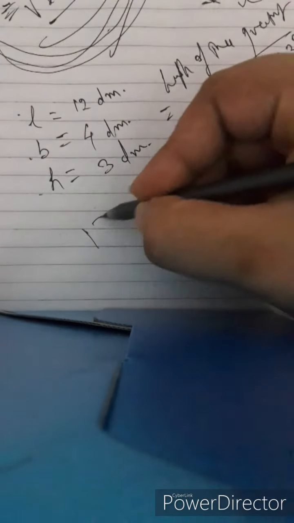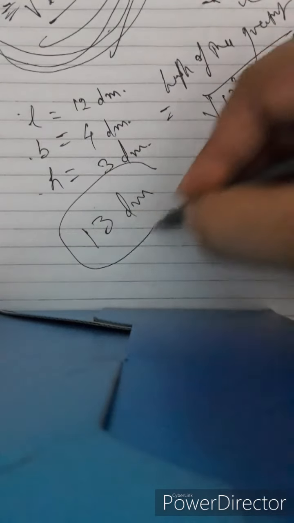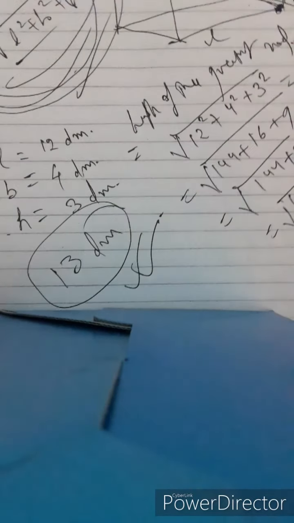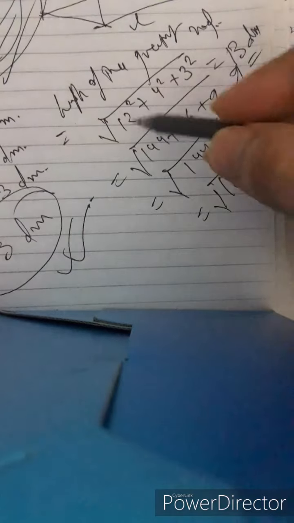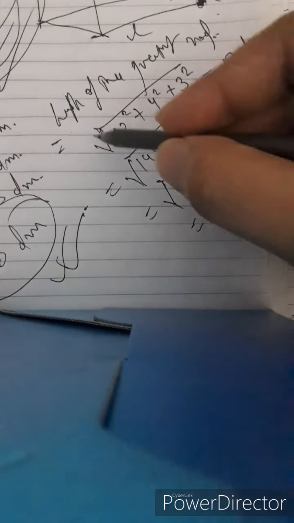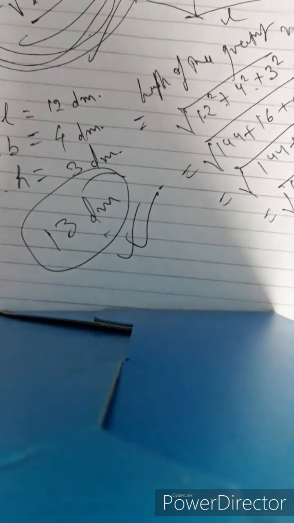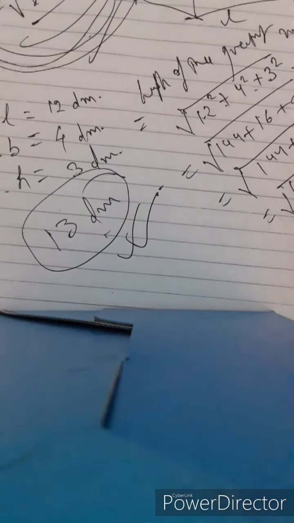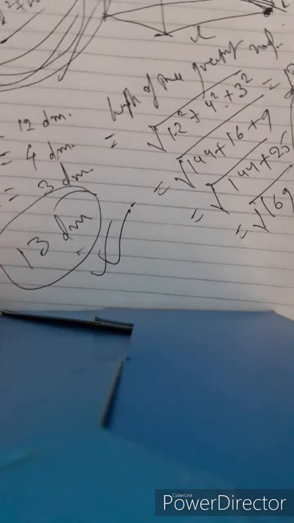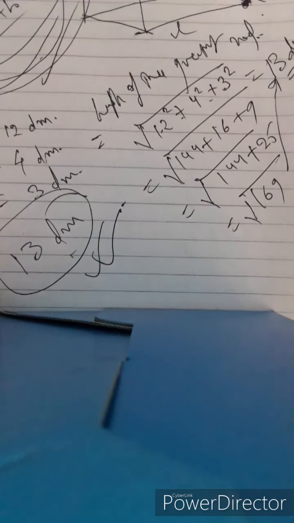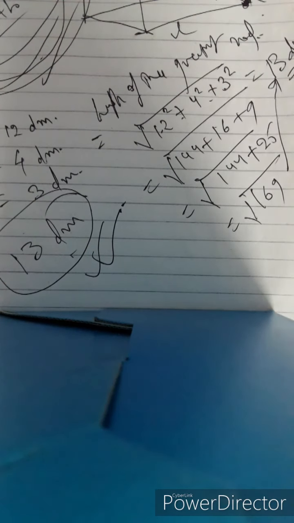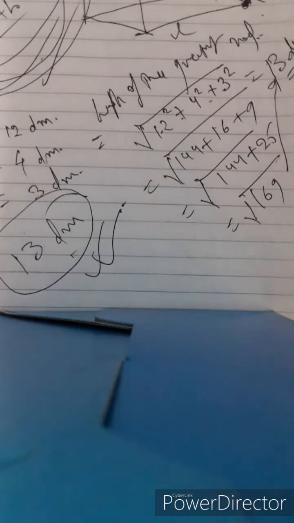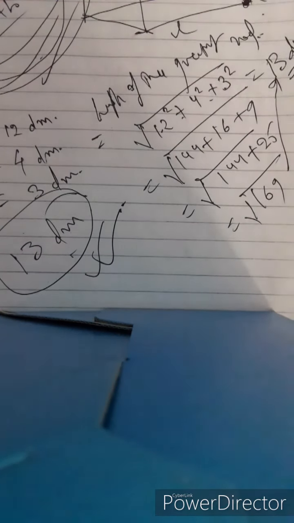So the length of the greatest rod which can be put in it is 13 decimeters. That is the length of the diagonal, which can be found out by root under L square plus B square plus H square. 13 decimeters. I hope you are able to understand how I solve this problem.